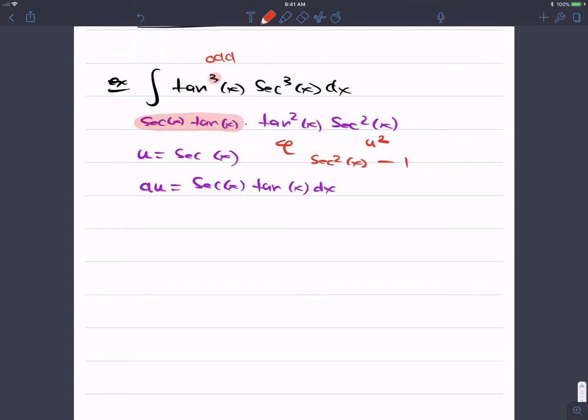So all together now, we have the integral of secant tangent times u squared minus 1, because I got secant squared minus 1, that's u squared minus 1, and don't forget times the u squared out here. This is the u squared.